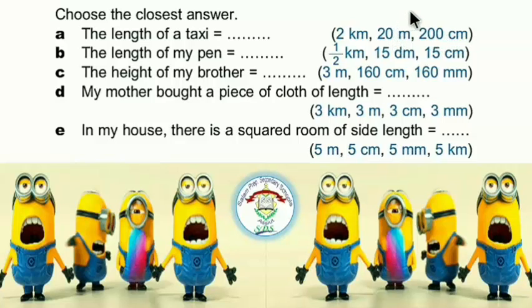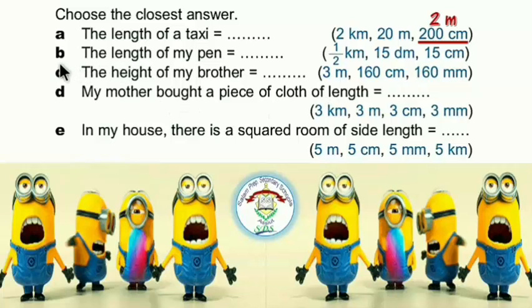To compare properly, we should make these two in the same unit. So 200 centimeters equals 2 meters. The length of a taxi, by logic, equals 2 meters, 200 centimeters.